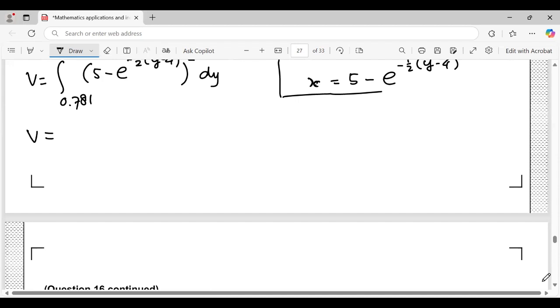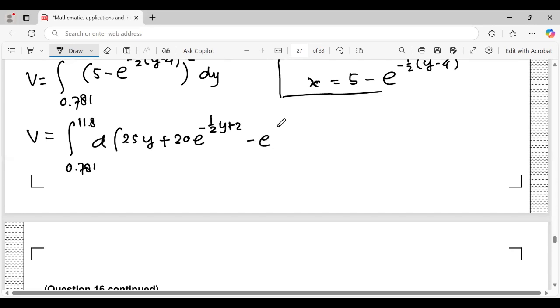Let's continue to find the integral of that function, the integral first. The integral of that function is 25y plus 20e to the power of minus 1/2 y plus 2 minus e to the power of minus y plus 4.